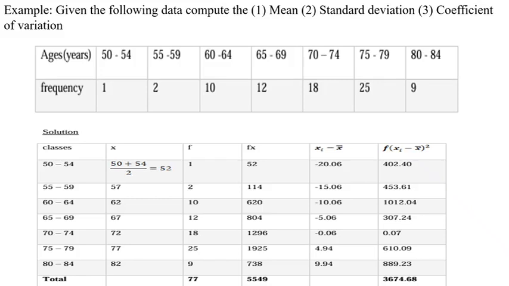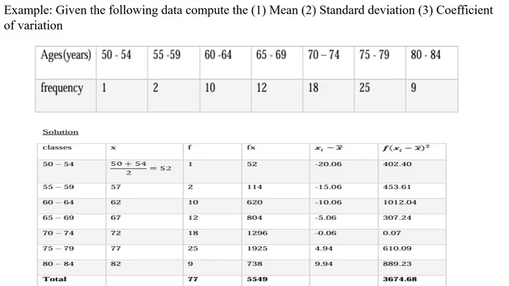Please let me repeat again. So from this example, when we want to estimate our mean for grouped data, our x bar will be summation fi xi all over summation fi. That is our x bar.